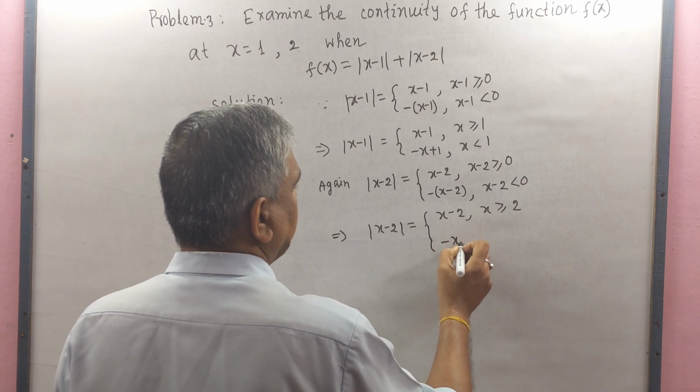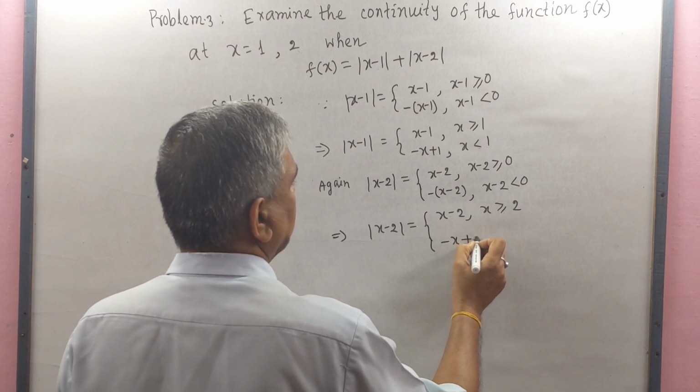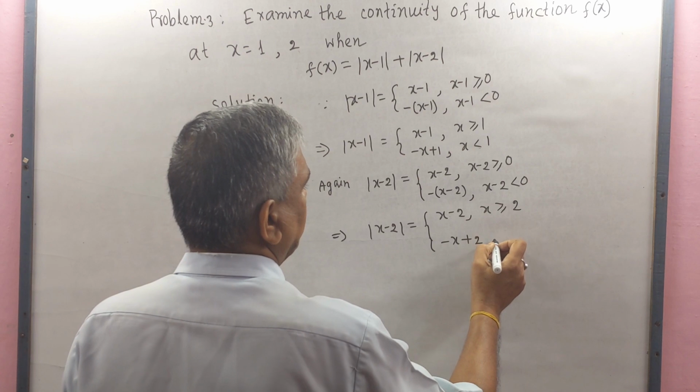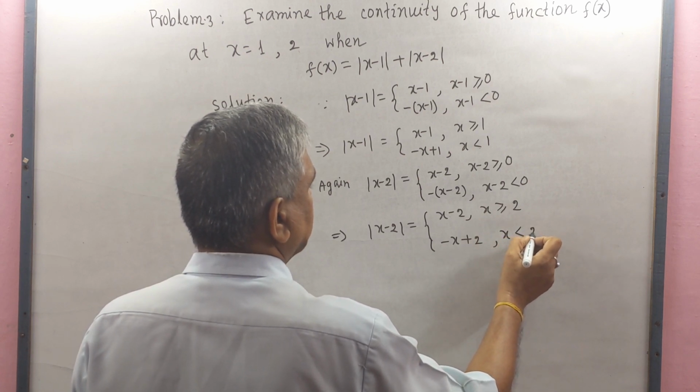This is minus x plus 2 for x less than 2.